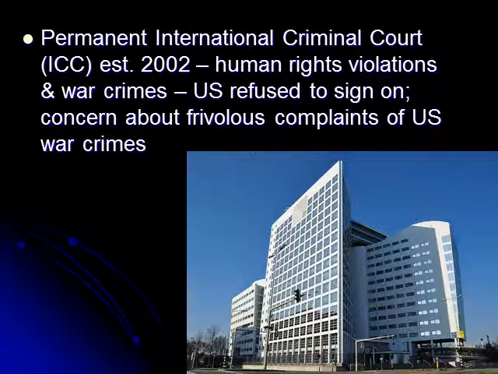The Permanent International Criminal Court, the ICC, was established in 2002 for human rights violations and war crimes. The United States has refused to sign on to it because of concern about frivolous complaints of U.S. war crimes. We're already accused of quite a few things that we don't find to be credible, so that's why we want to avoid this.